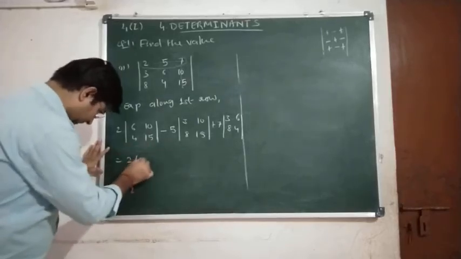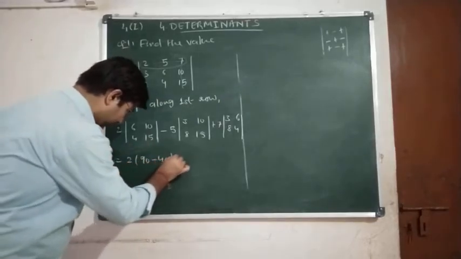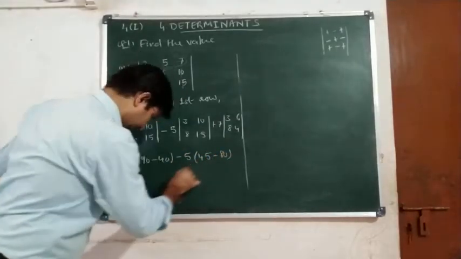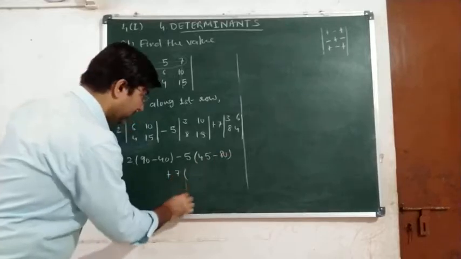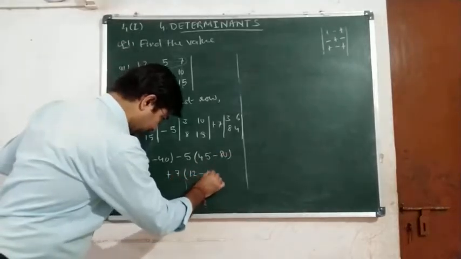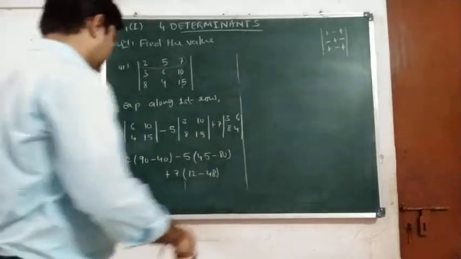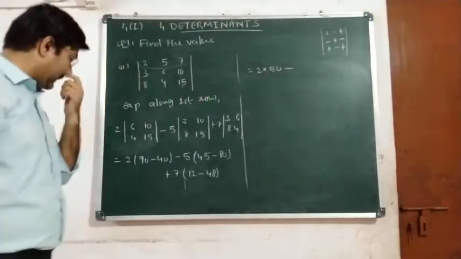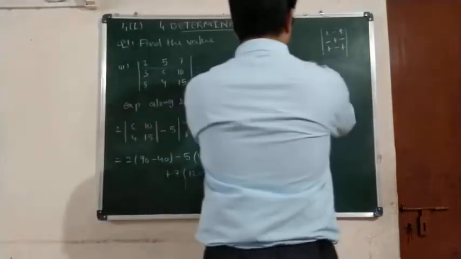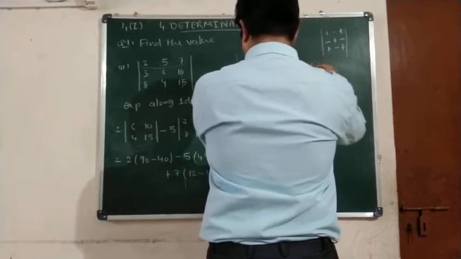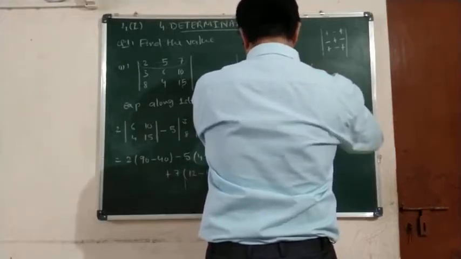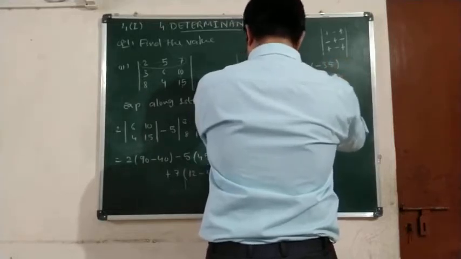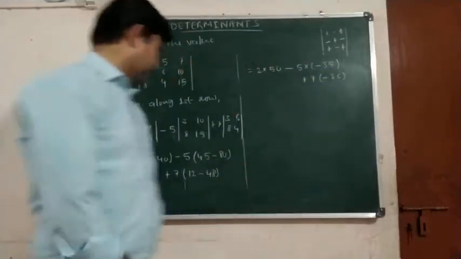So 2 into (6 times 15 is 90, minus 40), minus 5 into (3 times 15 is 45, minus 10 times 8 is 80), plus 7 into (3 times 4 is 12, minus 8 times 6 is 48). That equals 2 into 50, minus 5 into (45 minus 80, which is minus 35), plus 7 into (12 minus 48, which is minus 36).